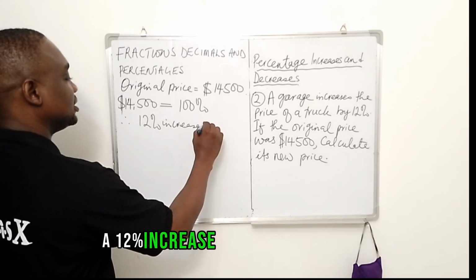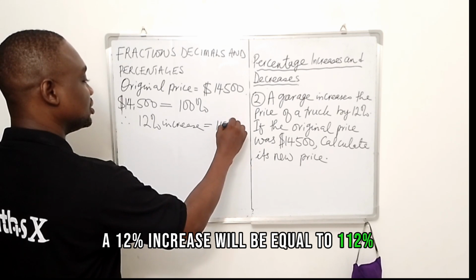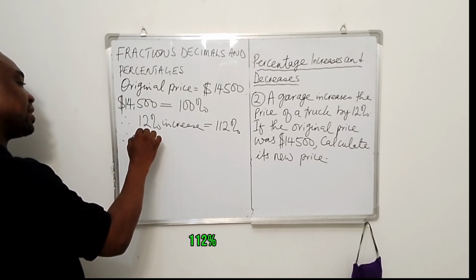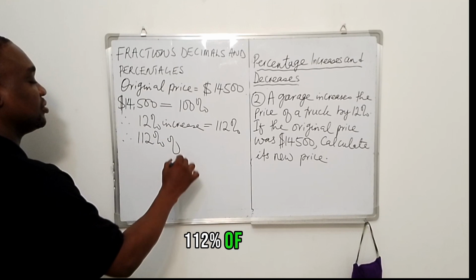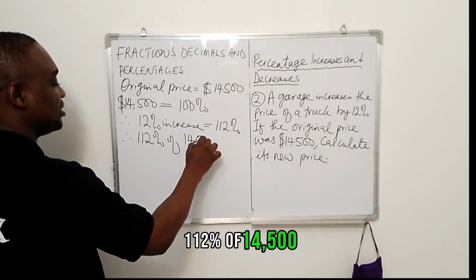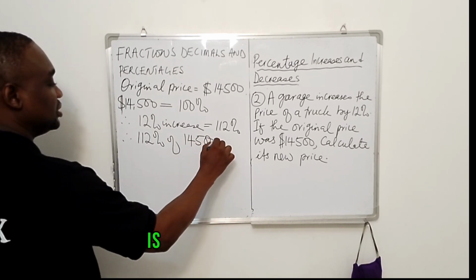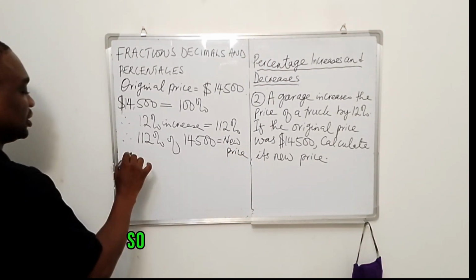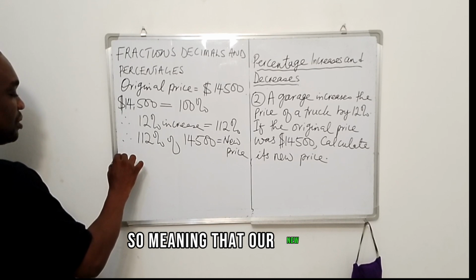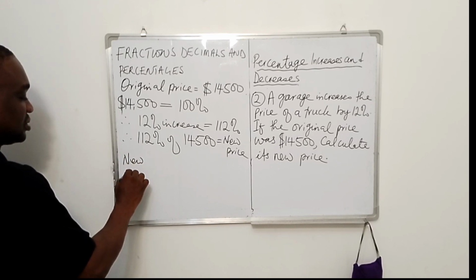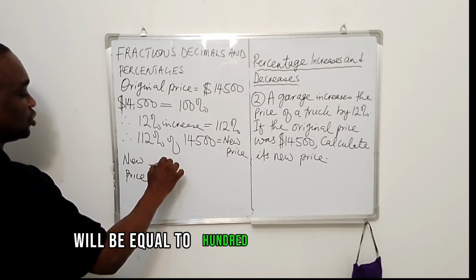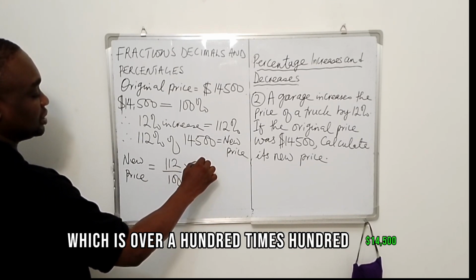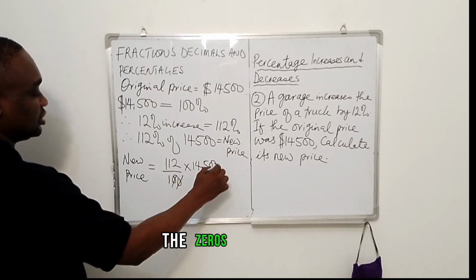A 12% increase will be equal to 112%. Therefore, 112% of 14,500 is equal to the new price. Let me write it like that. So meaning that our new price will be equal to 112 over 100 times $14,500. The zeros cancel out.